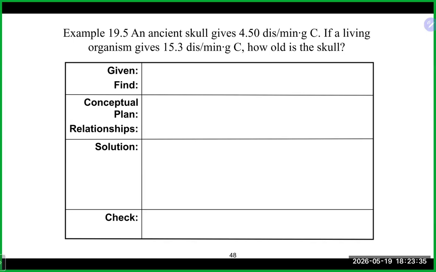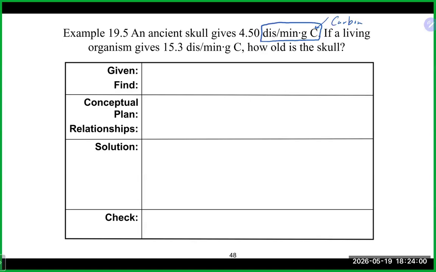For example, if we had an ancient skull that gives 4.5, and these units are units of radioactive decay, disintegrations per minute per gram of C, where C is carbon, not degrees Celsius or anything like that. So it is per gram of carbon.